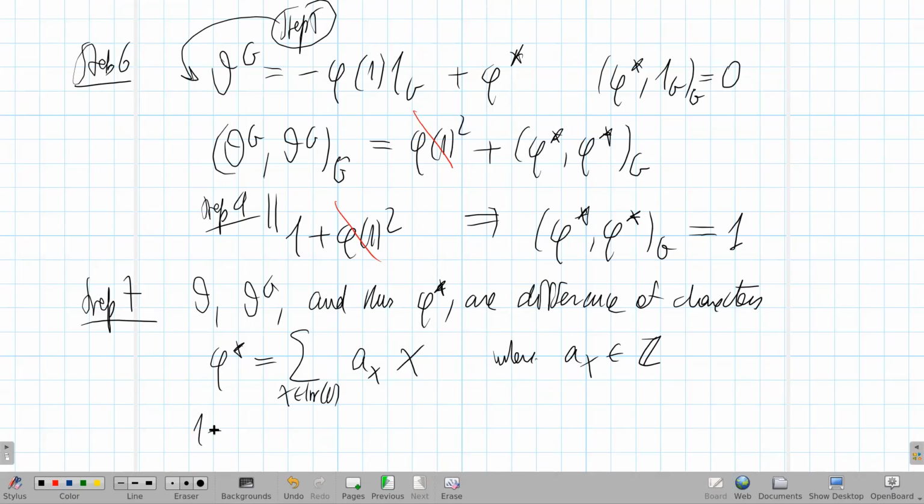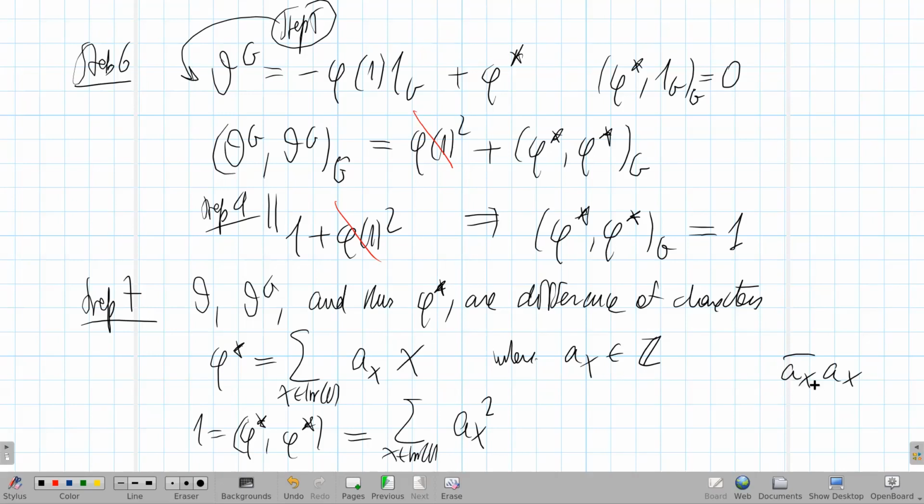So when you consider this product, by the usual orthogonality relations, okay, these are integers. So by the orthogonality relations, you will get the sum over the irreducible characters of a_chi squared. It would actually be a_chi conjugate times a_chi, because the inner product is linear in the second component and sesquilinear in the first one, that is, you get the conjugate out of this.